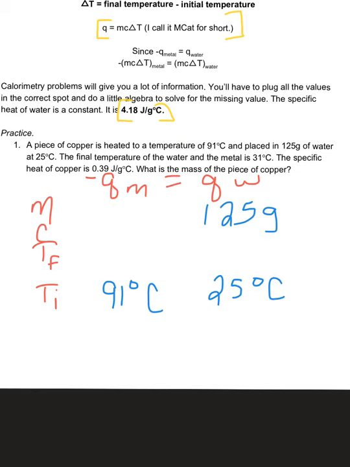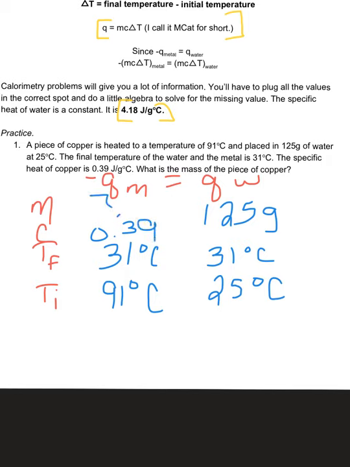The final temperature of the water and the metal is 31 degrees. So final for both, 31 degrees. Specific heat of copper is 0.39. What is the mass of the copper?